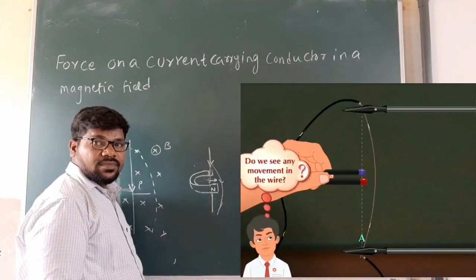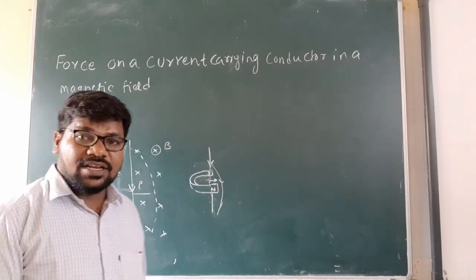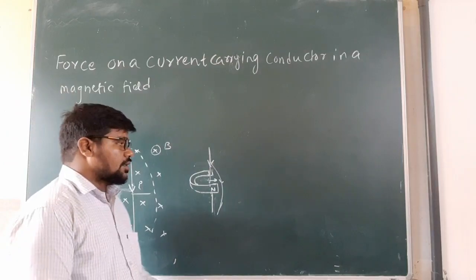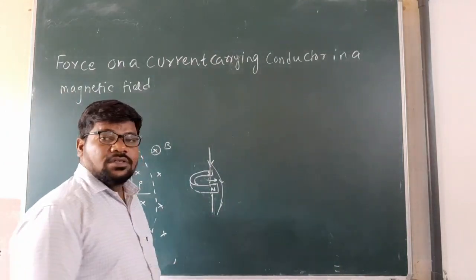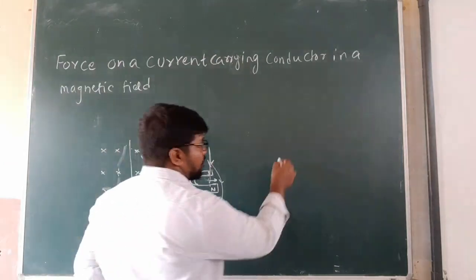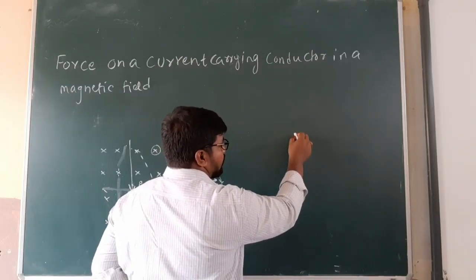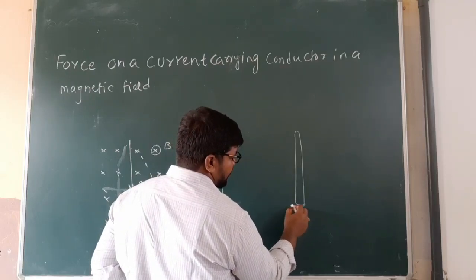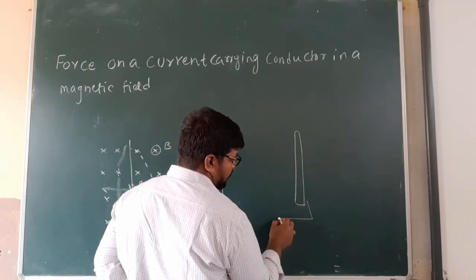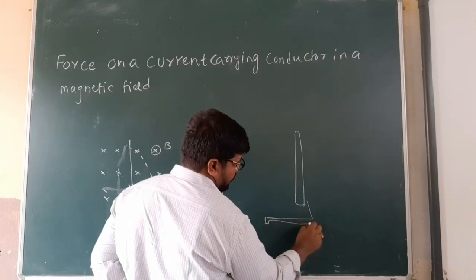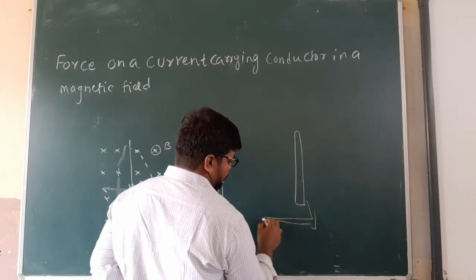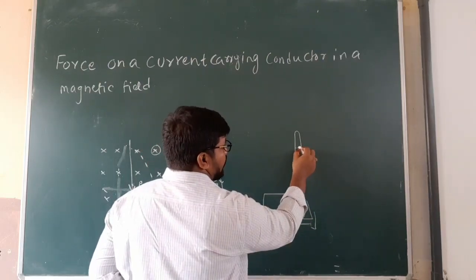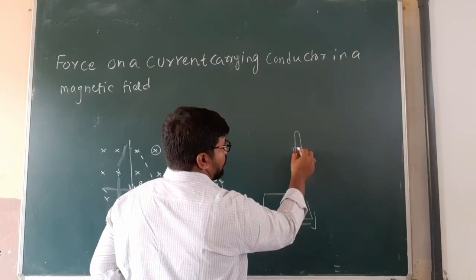Coming to another example. Now, in this activity, we have to take one retort stand. Now we have to take one metal rod.